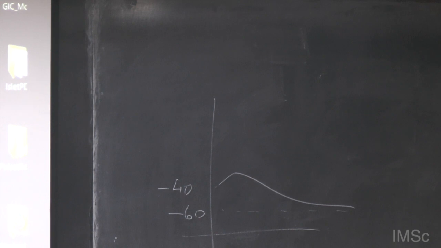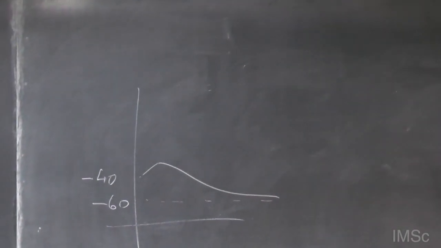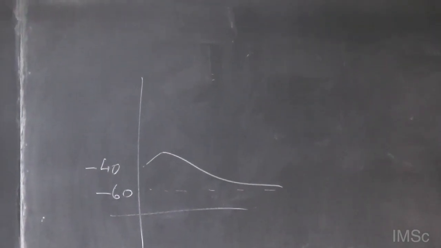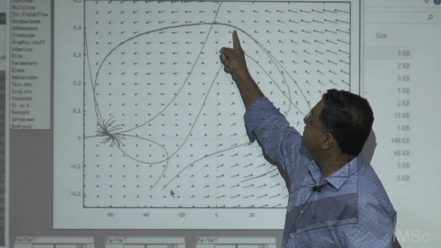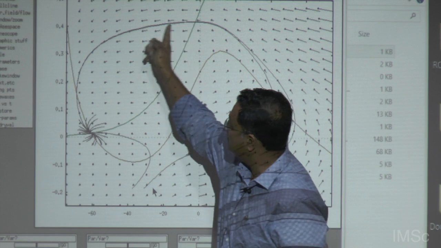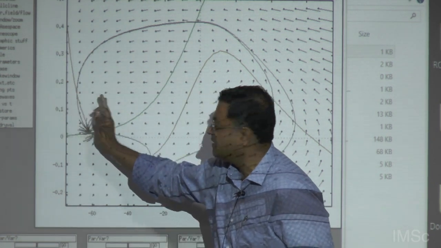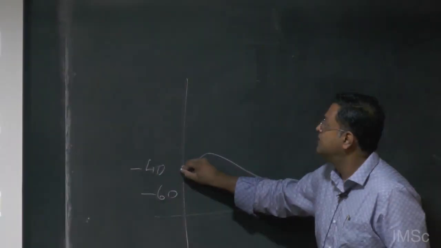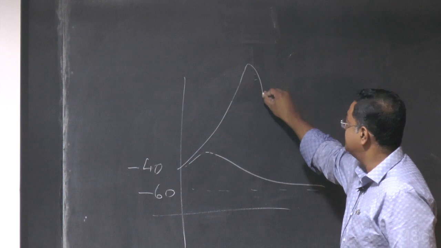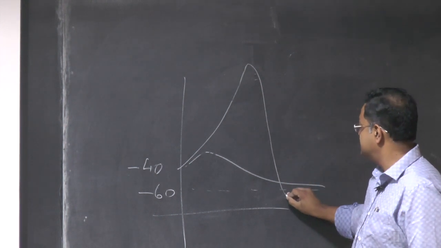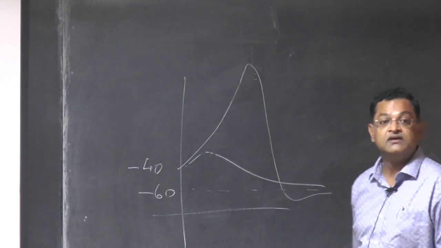What about the other trajectory in the neighborhood of it? Now, that started out by increasing voltage all the way up to 30 millivolts, then it turned around, look in this direction, turned around, went lower than minus 60 and then came back up a little bit. So, that other trajectory went up, came down, went below minus 60 and recovered, right?